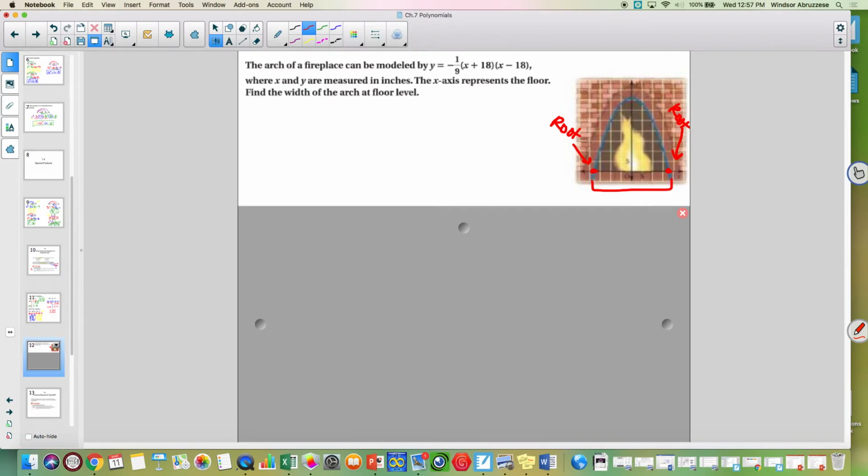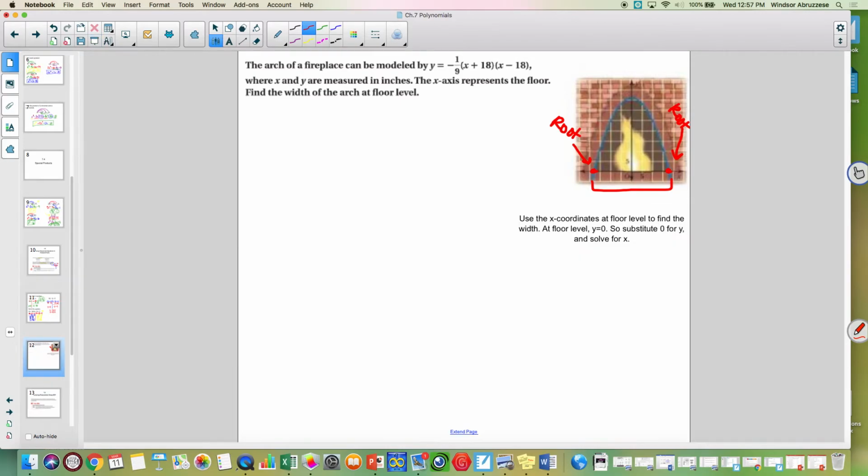So I'm going to take my equation and set it equal to 0. Because here I have a little note. You're going to use the x coordinates at floor level to find the width, right? Which we just said. So at floor level, y is equal to 0. So we're going to substitute 0 in for y. So I'm just going to take my equation, and instead of y, 0 equals negative 1/9, x plus 18, and x minus 18.